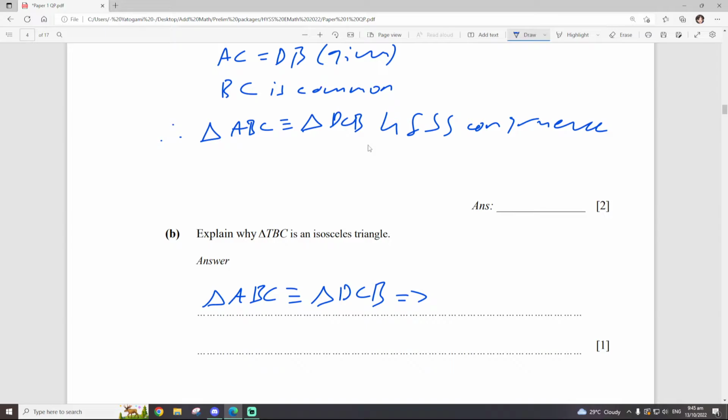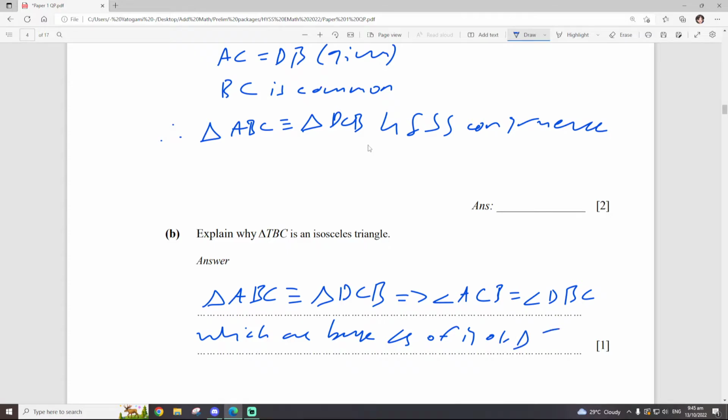So this implies that angle ACB equals angle DBC, which are the base angles of the isosceles triangle TBC.